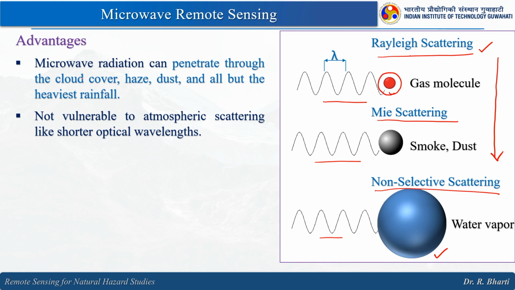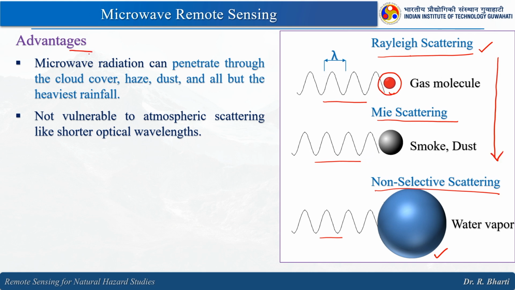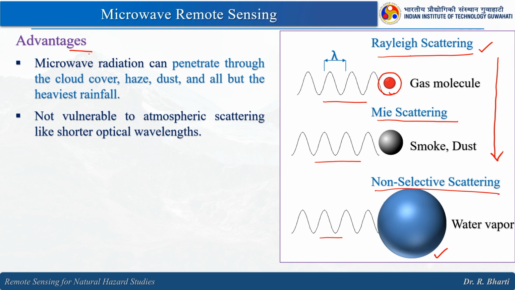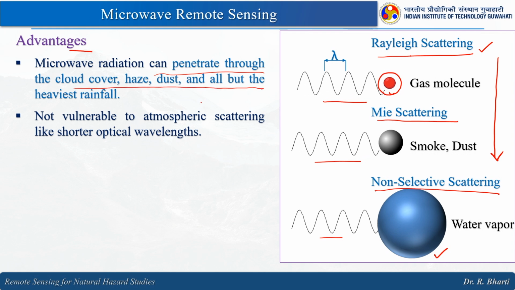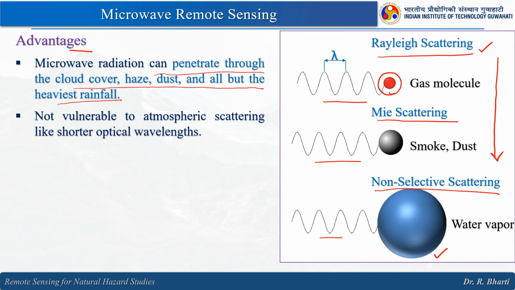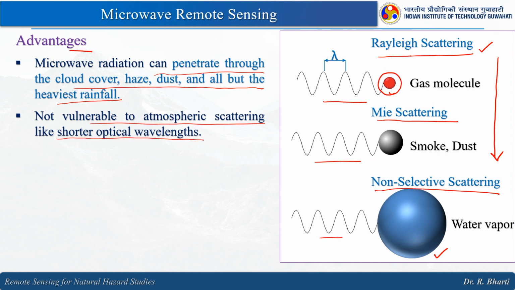If you look here, the advantages of microwave remote sensing. So, here it says microwave radiation can penetrate through the cloud cover, haze, dust and all but the heaviest rainfall, right. Not vulnerable to atmospheric scattering like shorter optical wavelength.